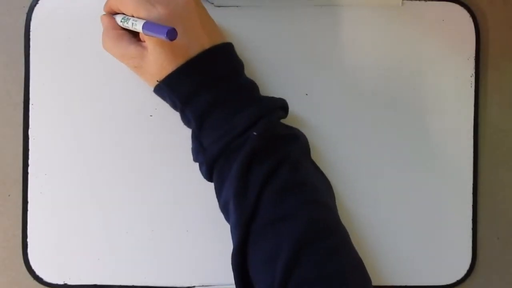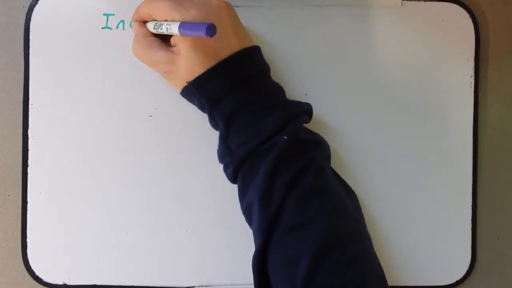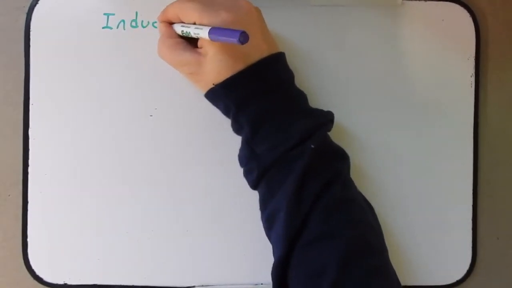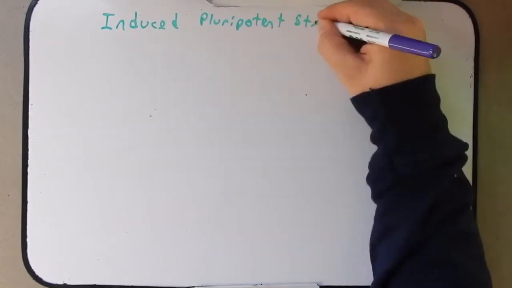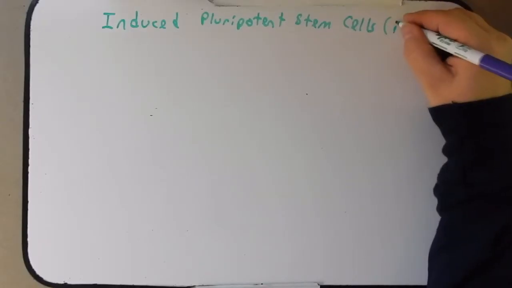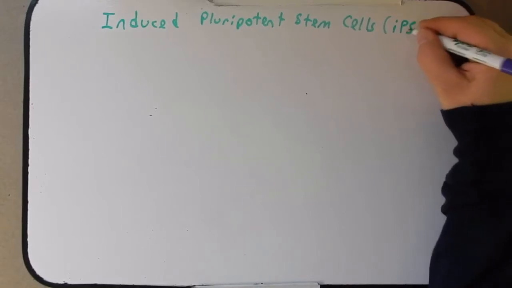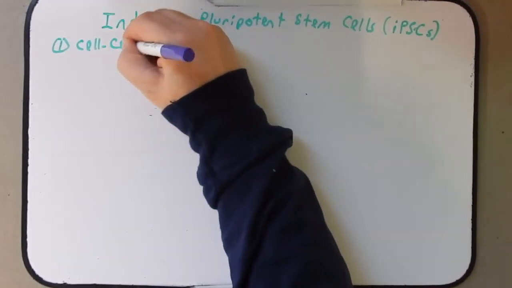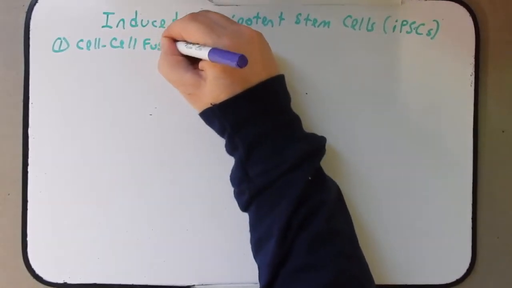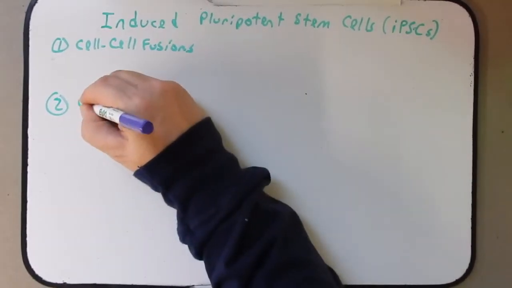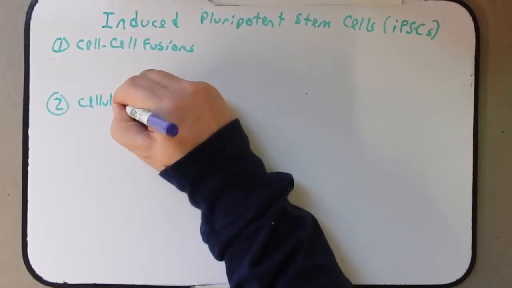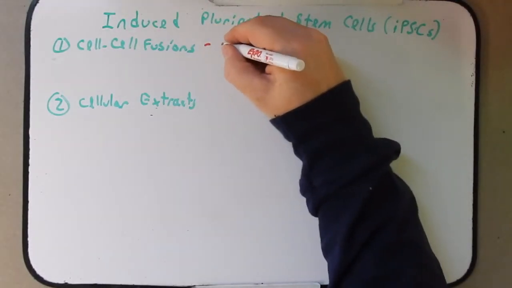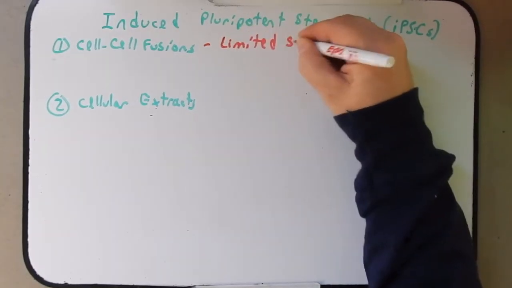Okay, now let's move on to this last topic, or last example of how we can reprogram a cell. So these are called induced pluripotent stem cells. And these for short we call iPS cells. Now remember, up to this point we've talked about cell-to-cell fusions and the use of cellular extracts. Remember, with the cell-to-cell fusion we had limited success.